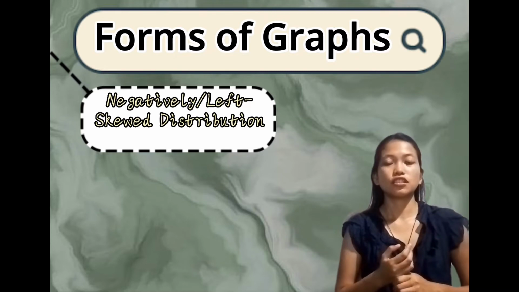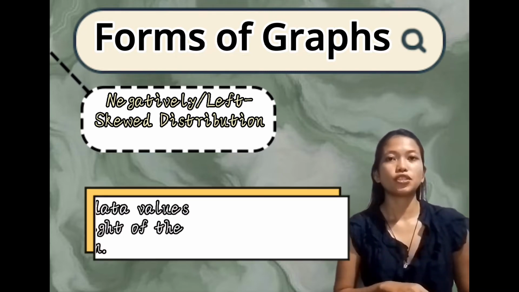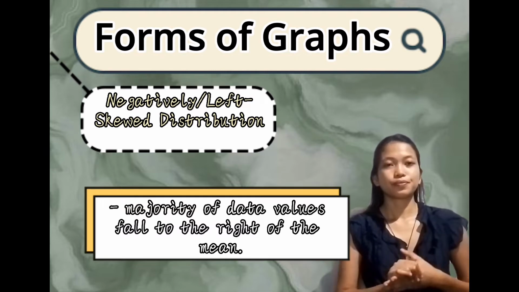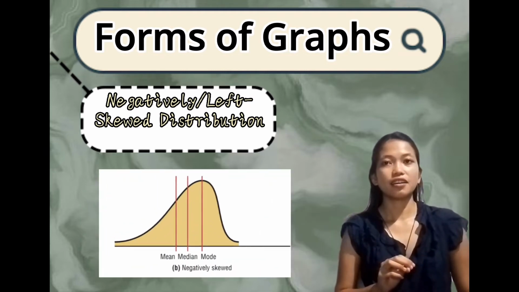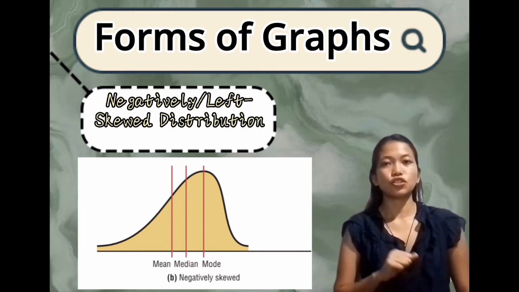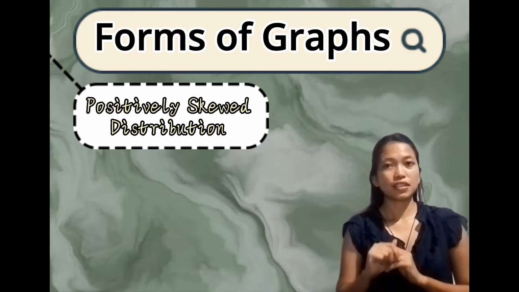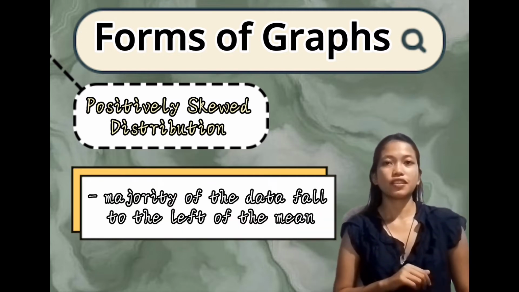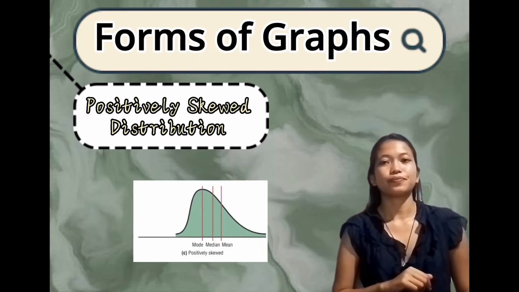Negatively or left skew distribution graph forms when the majority of the data values fall to the right of the mean. So this is its form. Next is the positively skewed distribution. This happens when the majority of the data values fall to the left of the mean. And this is its form.